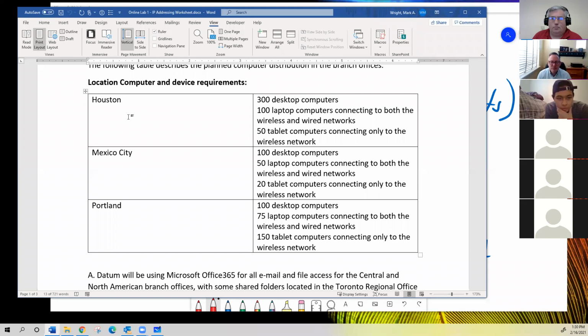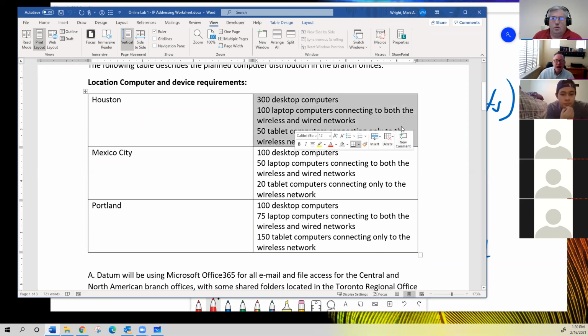So can you repeat the question one more time? Yeah. So for Houston here, here's your numbers right here. How many IP addresses are we going to need to set up for Houston for wired and wireless devices?